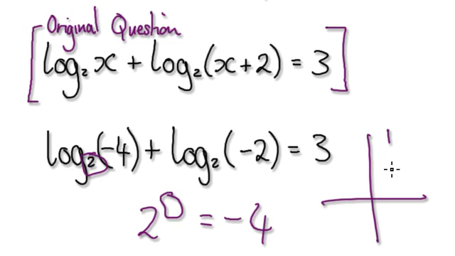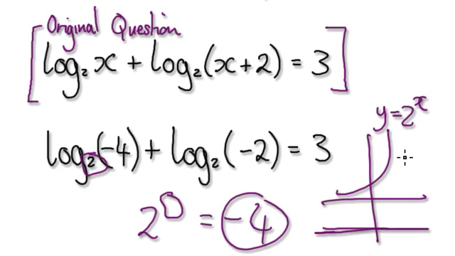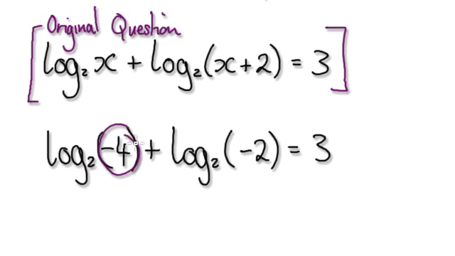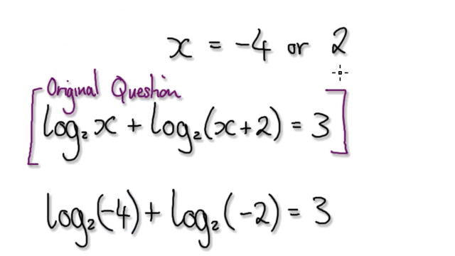Well, if you draw a graph of y equals 2 to the power of x here, negative 4 would be somewhere down here. Where will this line cross this line? Never. So you can't really have a log of a negative number. Okay, so for this one here, your only solution here is 2.